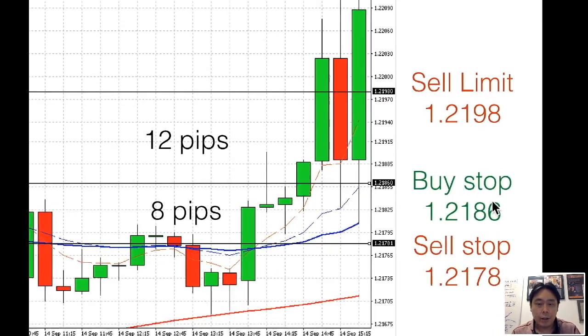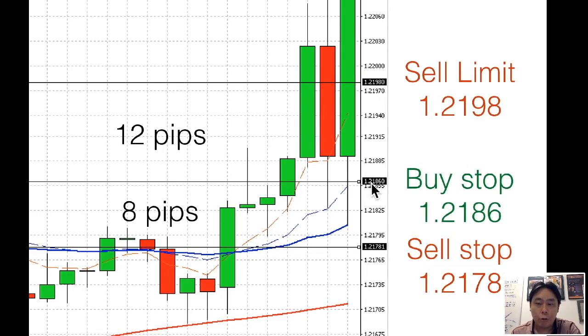So in this case, just above the high would be 2186, and it's a buy stop order, which means if the next candle reaches 2186 or more above the high of this candle, it will convert to a market order and I will enter the trade here. I'll get filled basically, right? At the same time, I'll place a stop loss order, which is a sell stop right below the low of this candle. And in this case, it's 2178.